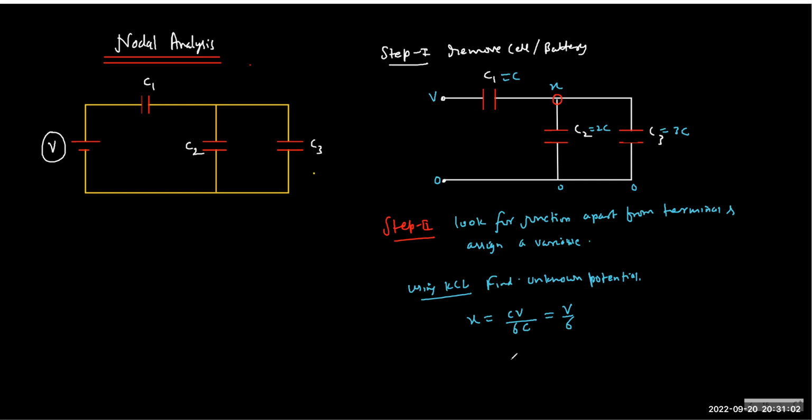We can do it mentally again. I know the answer is V by 6, and the other is 0, so the difference is V by 6. And what is the difference across the first capacitor? V minus V by 6, 5V by 6.